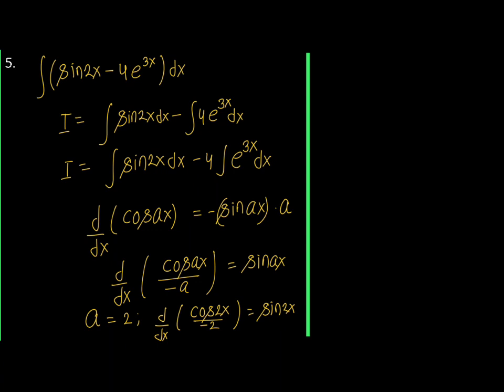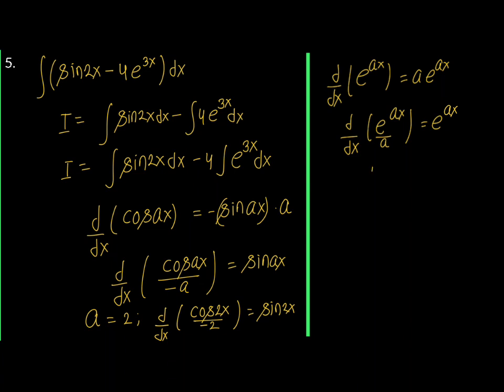Now for e to the power 3x, we know that d by dx of e to the power ax is equal to a times e to the power ax. So from here I can also write differentiation of e to the power ax upon a is equal to e to the power ax.